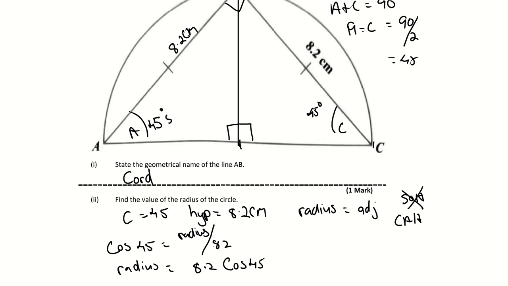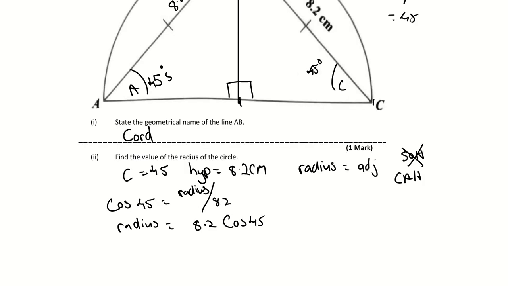So 8.2 cos 45 is 5.79827560506. So my radius is equal to 5.798275606, so my radius would be 5.8 centimeters to 1 decimal place.